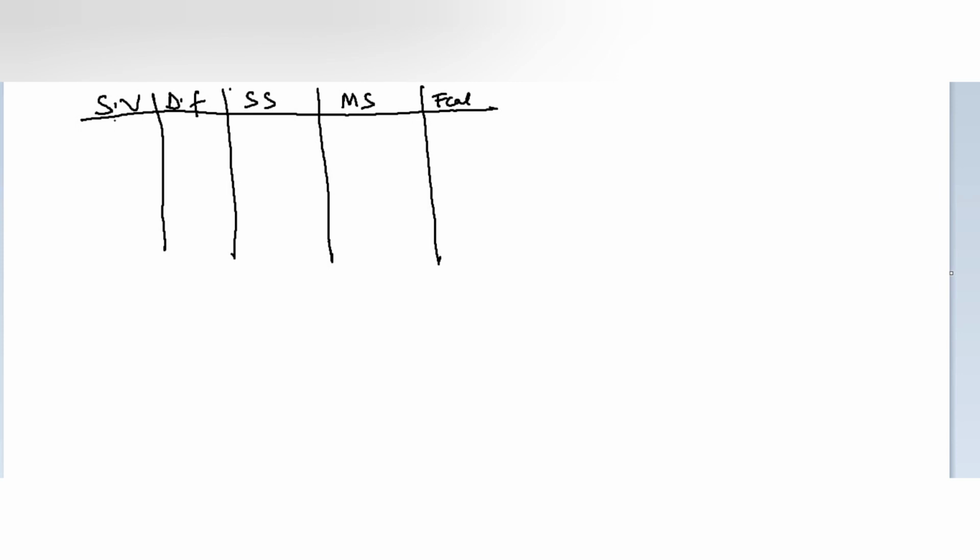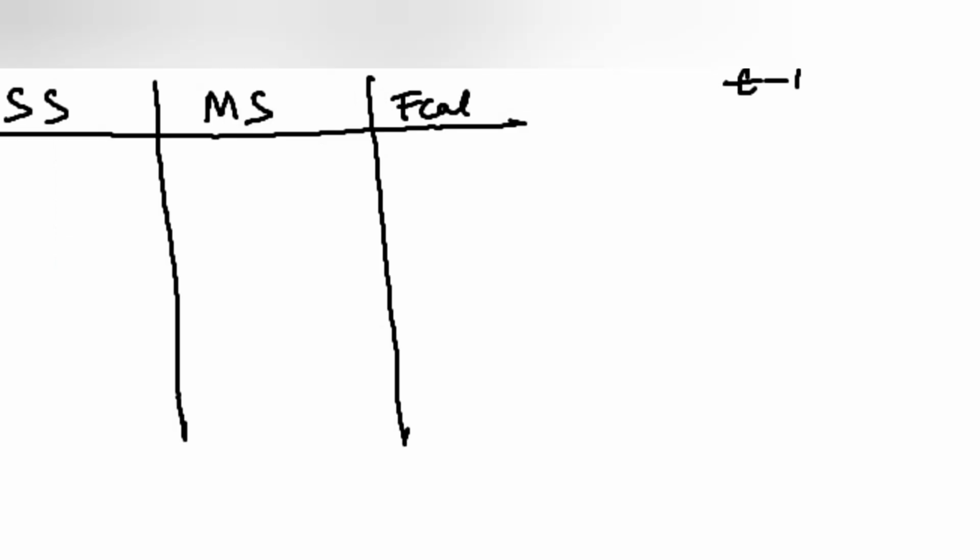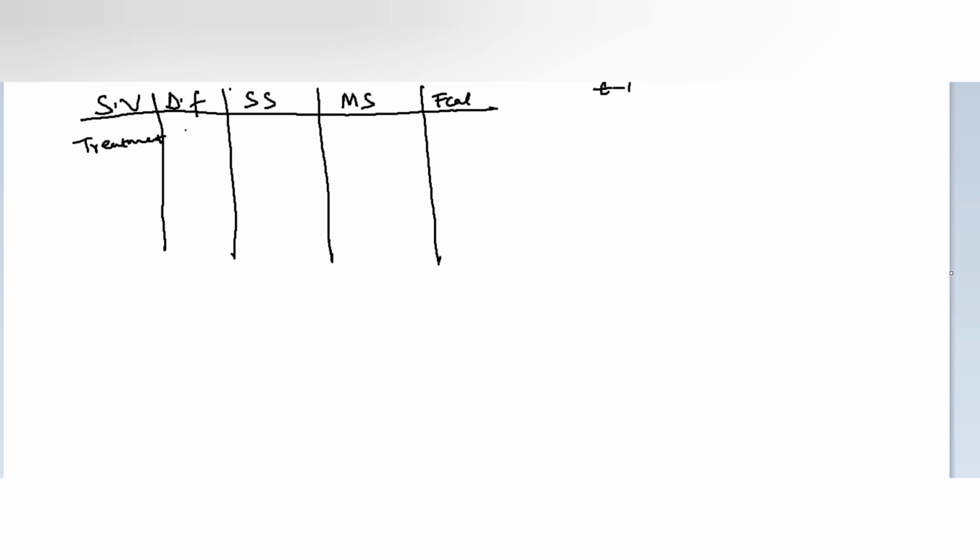So under our source of variation, now let's look at our treatment first. So the degree of freedom for treatment is T minus 1. And under our table now, we have 1, 2, 3, 4 treatments here. So that means 4 minus 1, and our degree of freedom for treatment is going to be 3.